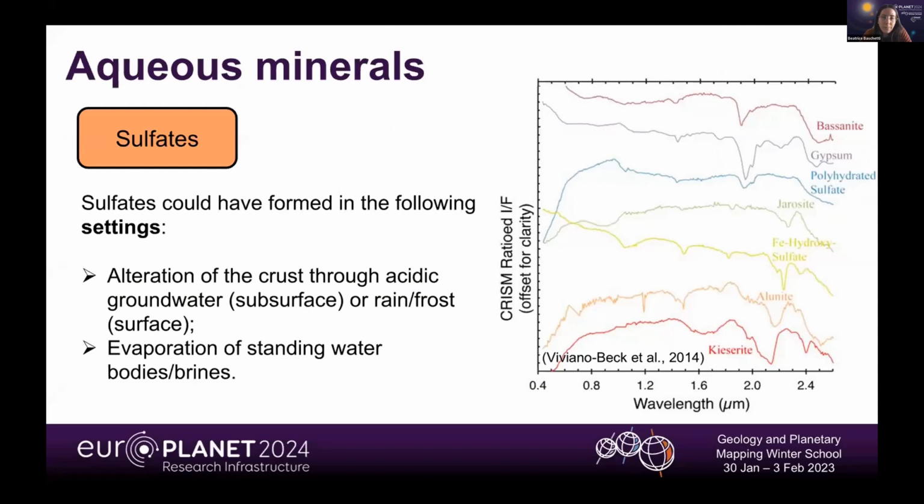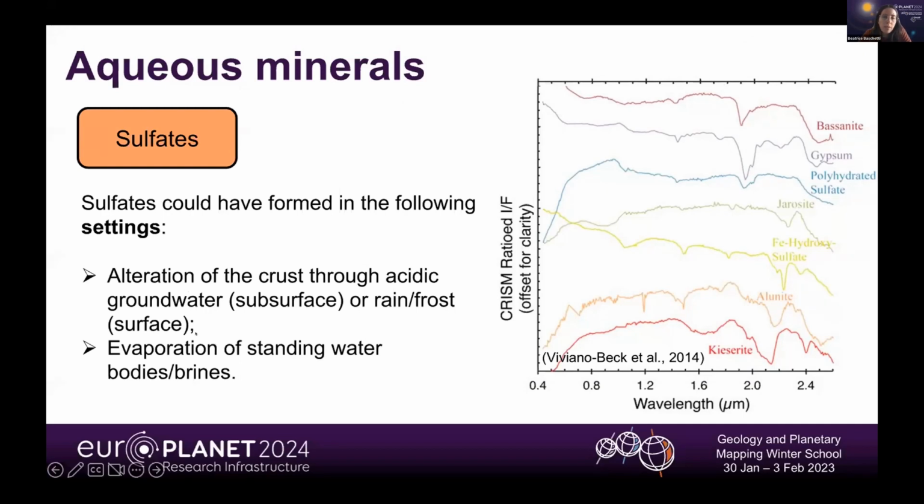So moving on to the sulfates instead. Sulfates form in quite different settings on Mars than clays, phyllosilicates and carbonates. They are also quite diverse, as you can see here from the spectra of the sulfates that were observed on Mars.